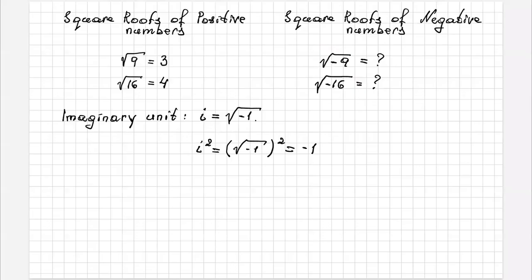So if I is the square root of negative 1, then I squared is negative 1. So the square of this imaginary unit turns out to be a negative number. Think about that.